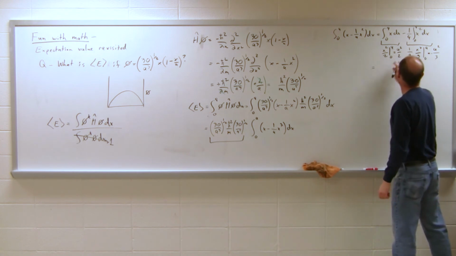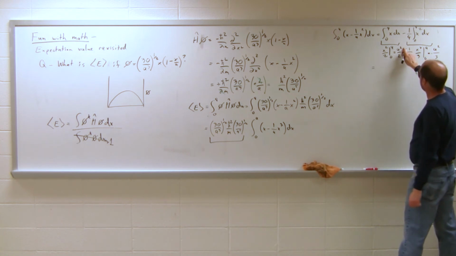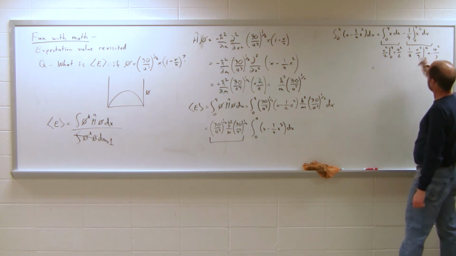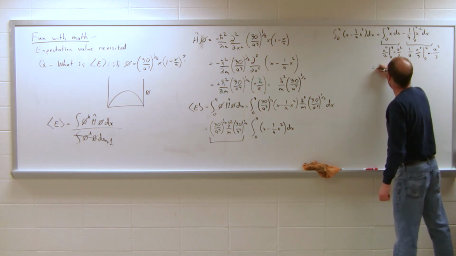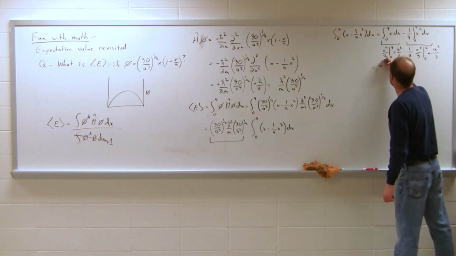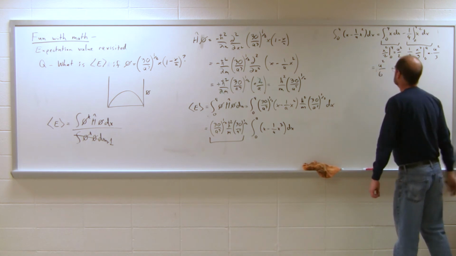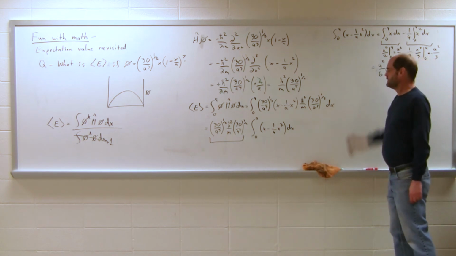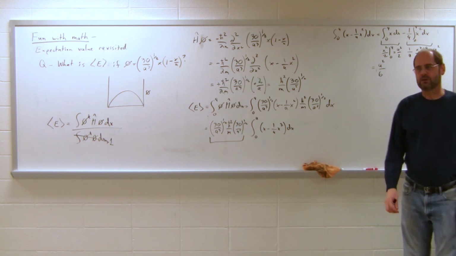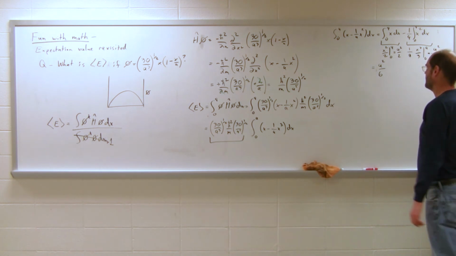The result is that all of this together, a squared over 2 minus a squared over 3, is equal to a squared over 6. That's all this integral is. Now let's put it together.